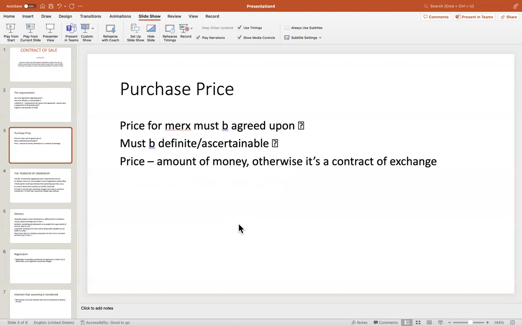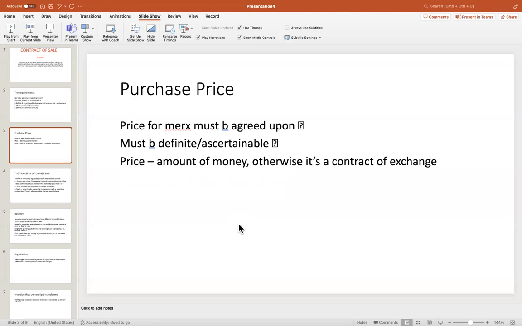We've already said it must be definite or ascertainable, and mentioned in the contract, so that if one sees it, he will know that it is the very same thing that was mentioned in the contract. The price, the amount of money, has to be money.